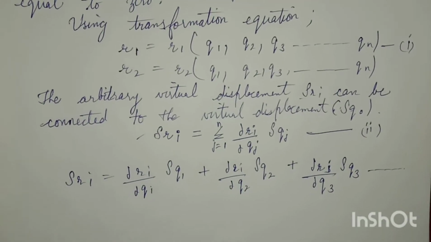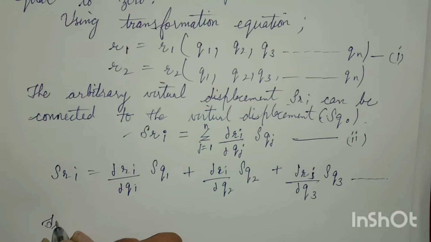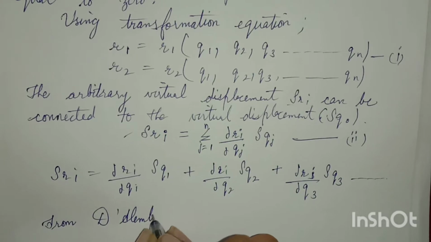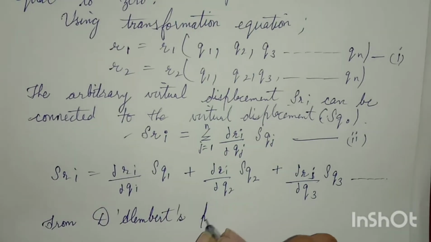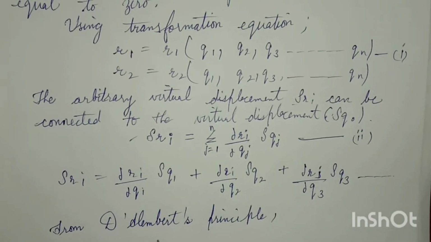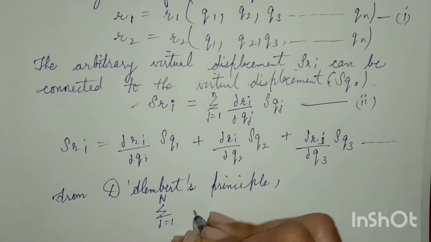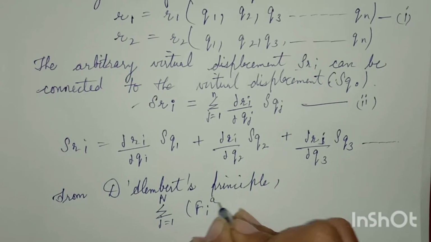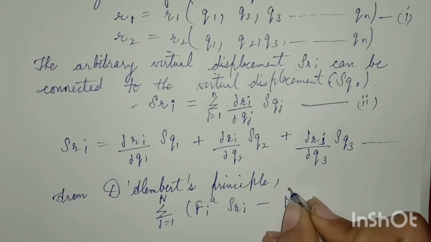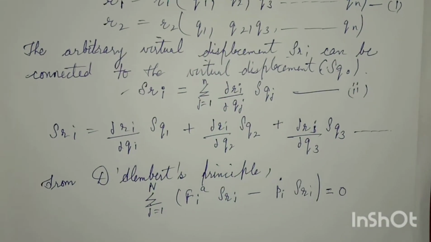Now we use D'Alembert's principle equation. From D'Alembert's principle we can write summation i equals 1 to n of (Fi^A, which is applied force, dot delta Ri minus Pi dot delta Ri) is equal to 0.